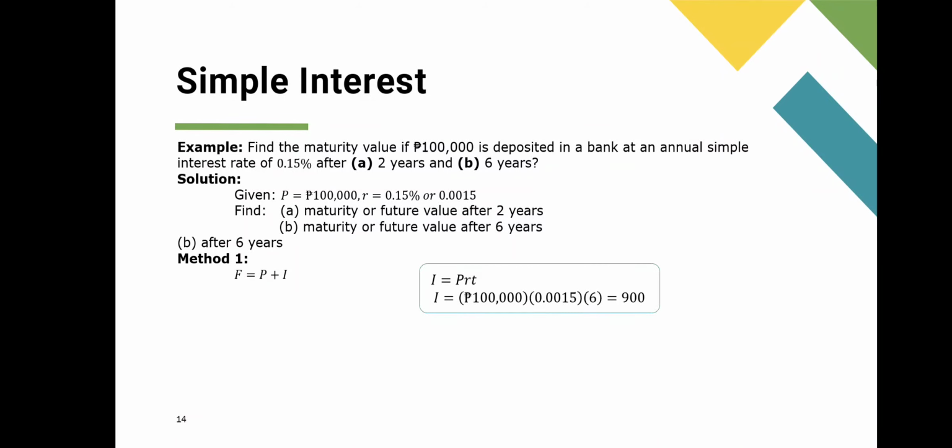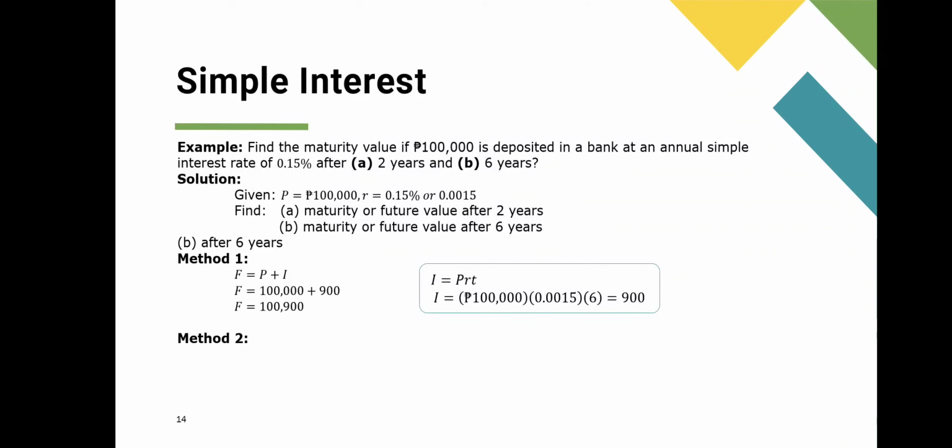So that's principal times rate times time. So that will give you 100,000 times 0.0015 times 6, or that is 900. So going back to method 1, that will give you 100,000 plus 900. So that is 100,900 pesos.